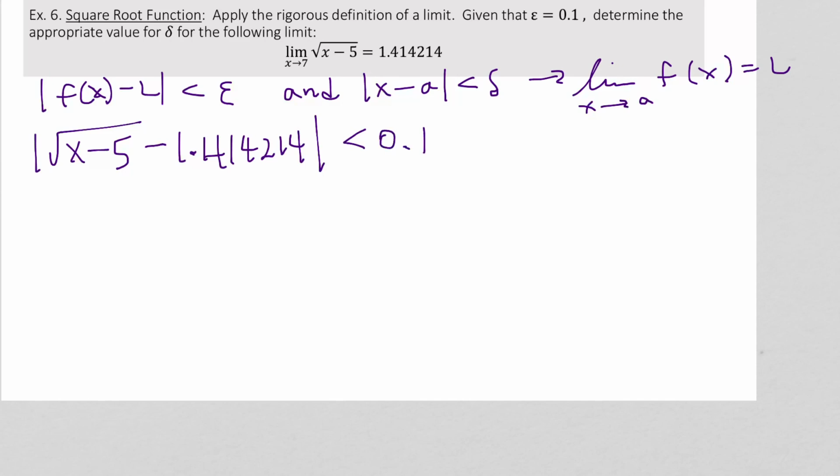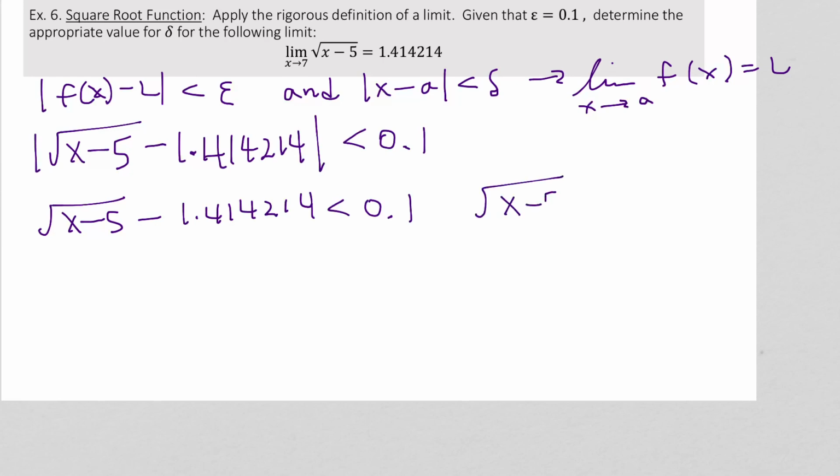Out of this I'm going to get two statements. The square root of x minus 5 minus 1.414214 is less than 0.1, and then of course we've got the other statement, greater than negative 0.1.